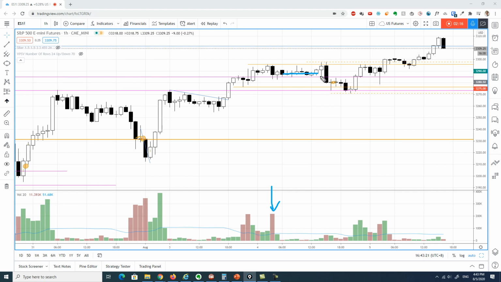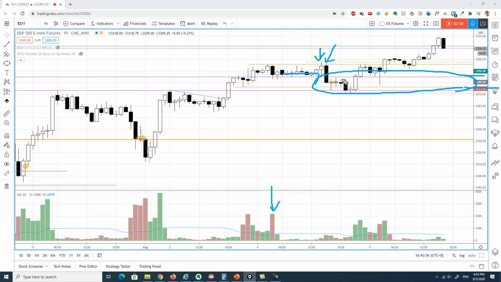Subsequently, we have an attempt to break out on this bullish bar, followed by a sharp reaction during the London session. Eventually we tested this supporting area, which I pointed out in my video yesterday. The supporting area formed by the previous swing high level was from 3273 to around 3285.